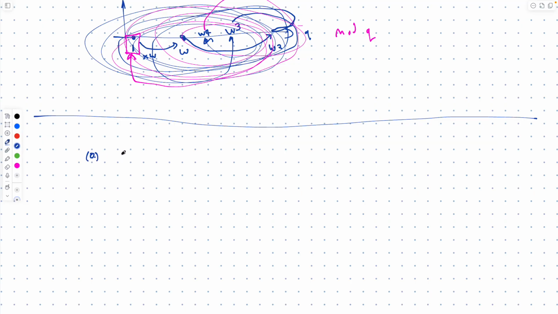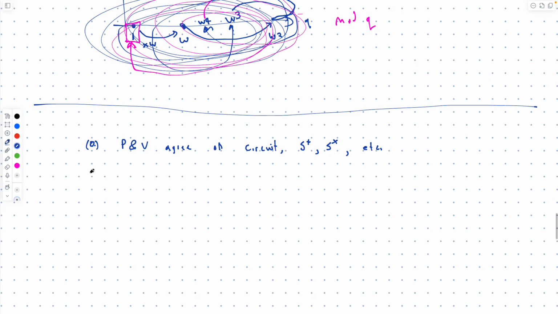So the protocol so far is, I'm going to rewrite the steps we had before. The prover and verifier agree on the circuit, S plus, S multiplication, etc. I won't write all the details, but they agree on that. The prover encodes the circuit into an array.